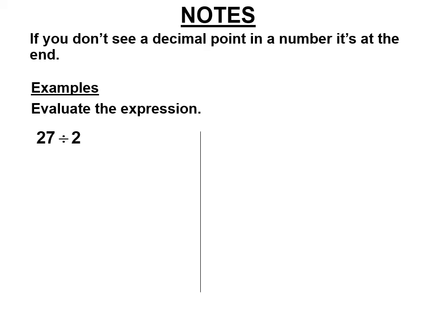So what is 27 divided by 2? So we do 27 divided by 2. 2 goes into 2 once. Bring down the 7. 2 into 7 3 times. 2 times 3 is 6. Remainder 1. What do you do now?